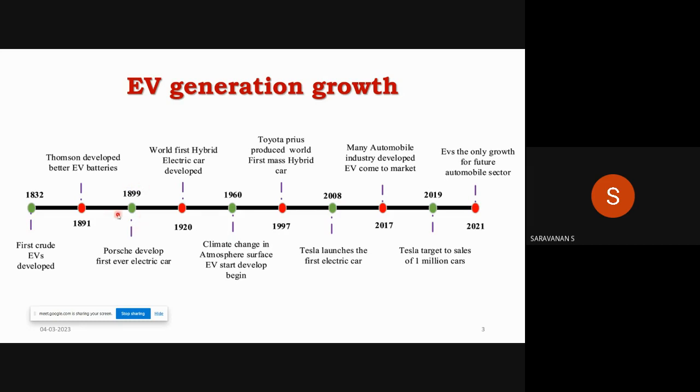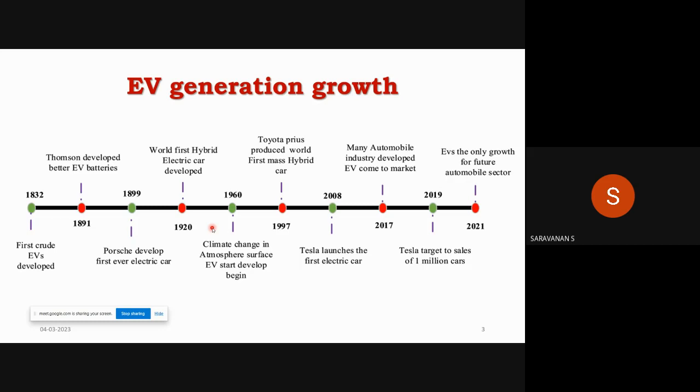Then the first hybrid was developed in the year 1920, so in 1920 itself a hybrid electric car started to be developed. Then in 1960, after 40 years, EVs started to develop again. There was a big gap between 1920 and 1960. After that, they started to build electric vehicles again.